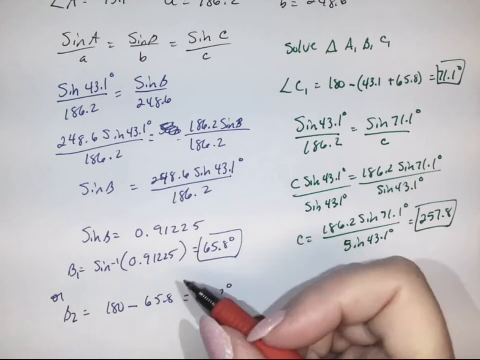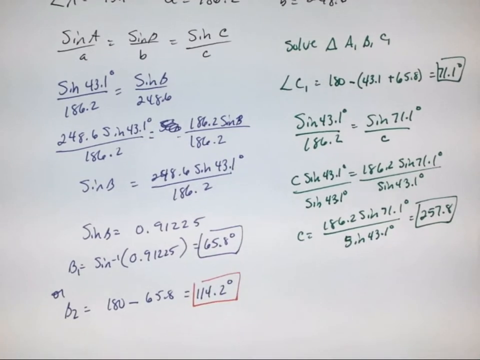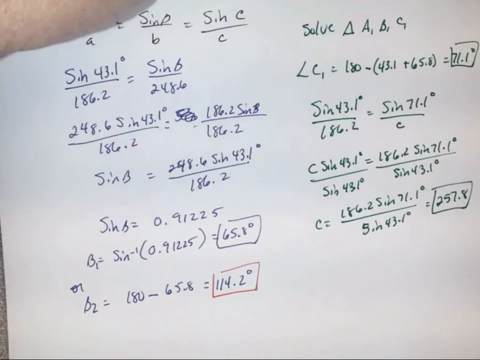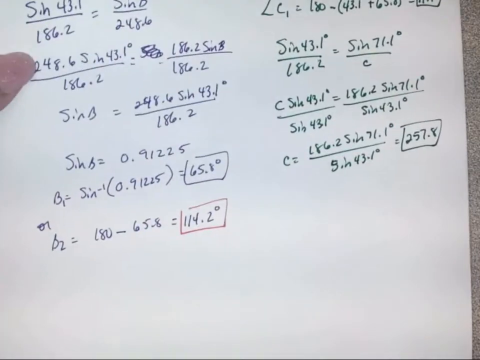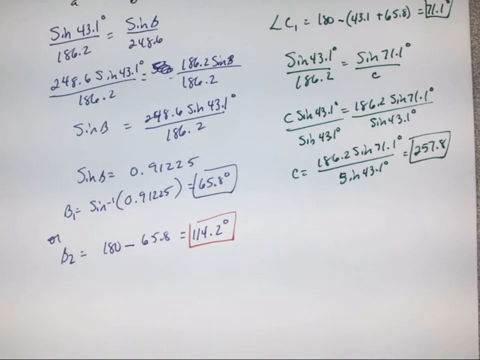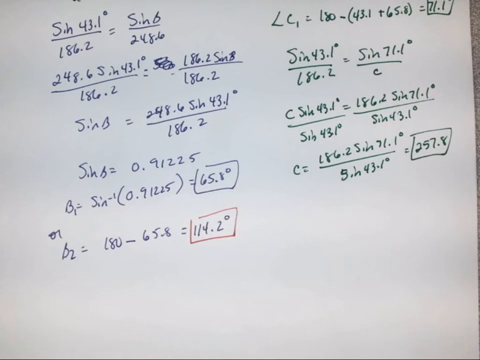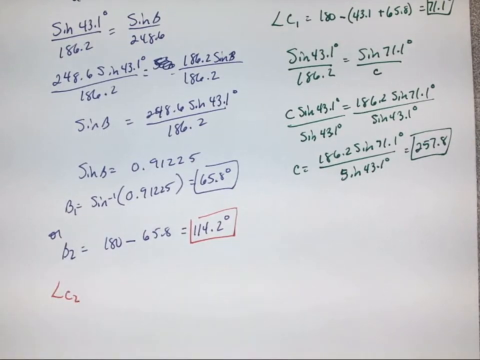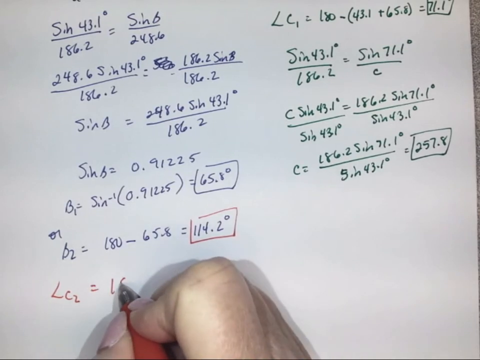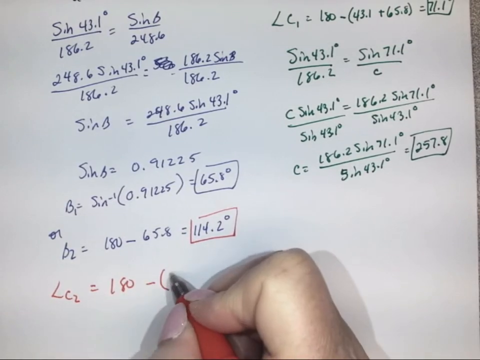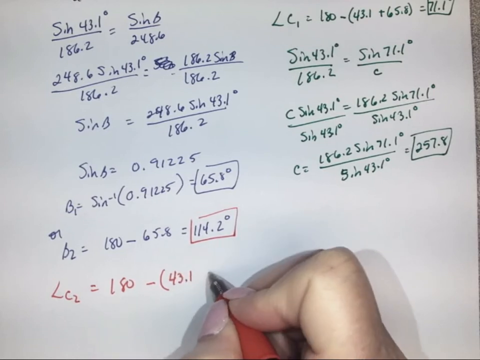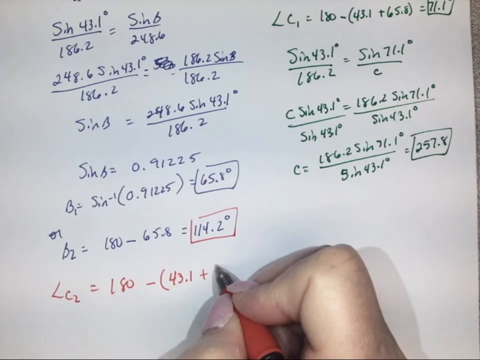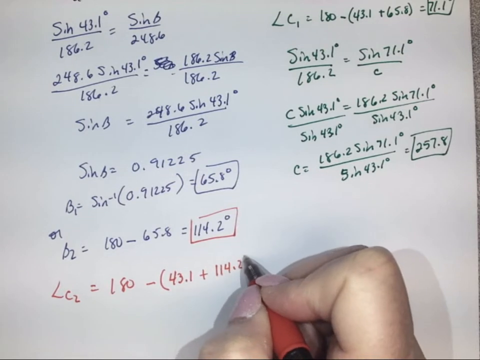So for our second triangle, we're going to use this angle for our B instead of the smaller one. All right, so we again still just have to solve for angle C, and we need to solve for our side of C. So our angle C sub 2 would be equal to 180 minus our original A, 43.1, and our angle B here of 114.2.